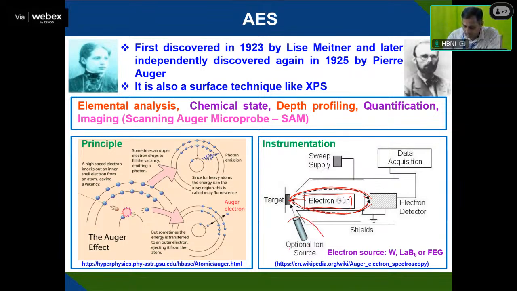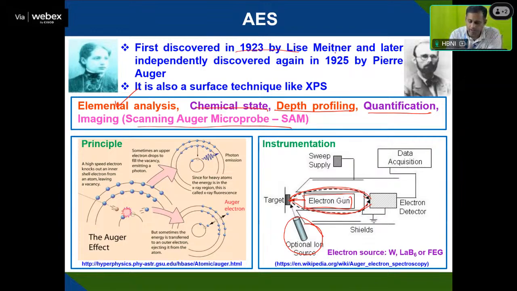You also have an ion source for depth profile analysis. So you can do elemental analysis, chemical states, depth profiling, quantification, scanning or spectroscopy, or elemental mapping. All things are possible, similar to XPS.